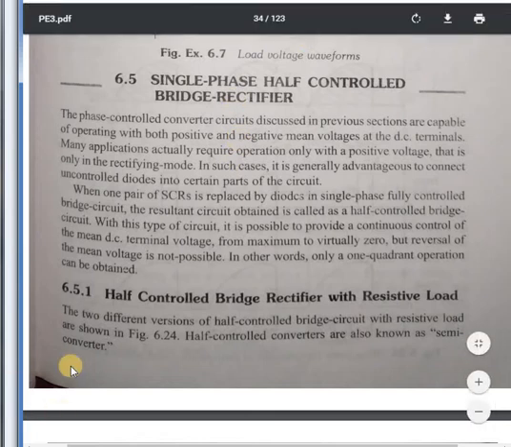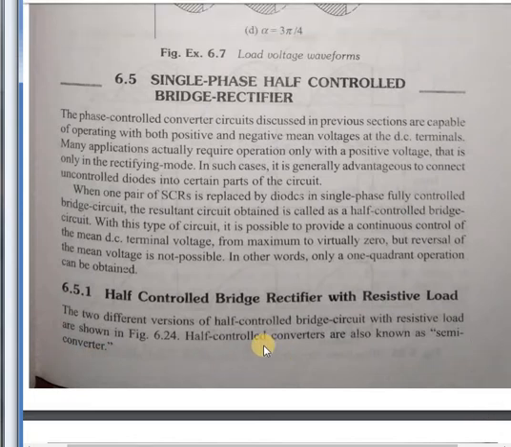Here, single phase half control bridge rectifier. Half control bridge rectifiers are also called semi-converters. Semi-converters are the ones in which one pair of SCRs is replaced by diodes. So there are two different versions of half control bridge circuits, one having the resistive load.